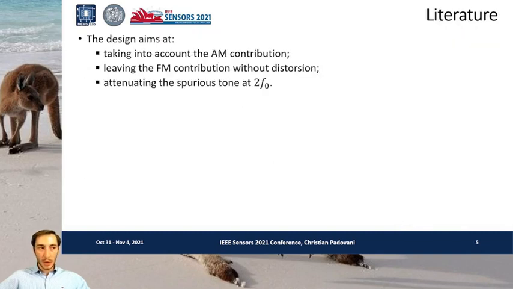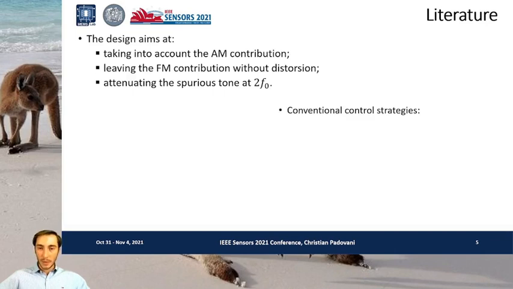By taking into account the amplitude-modulated contribution, the design aims at leaving the frequency-modulated contribution without distortion, while attenuating the spurious tone at twice the resonance frequency created by the mixer.